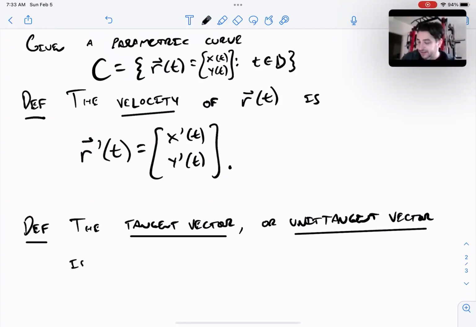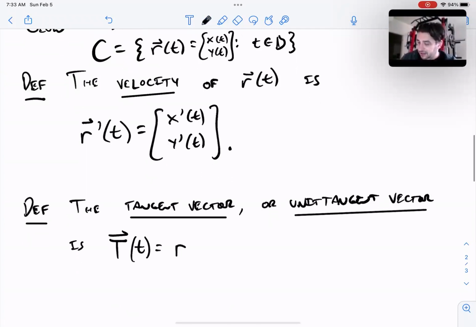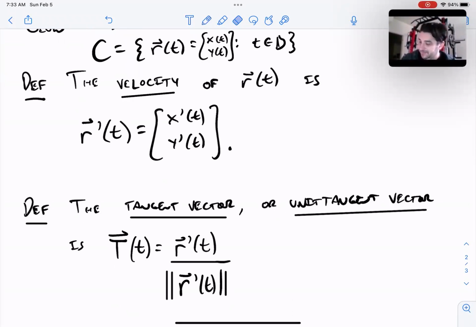This is the velocity vector divided by the speed. So what's the speed? Speed is the magnitude of the velocity vector.